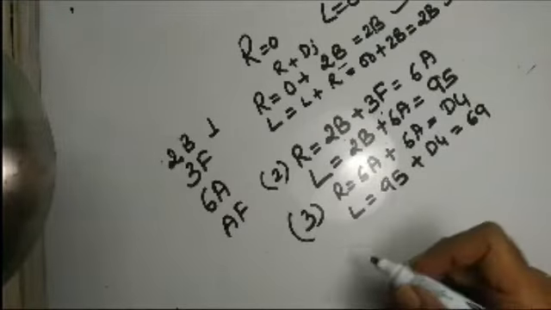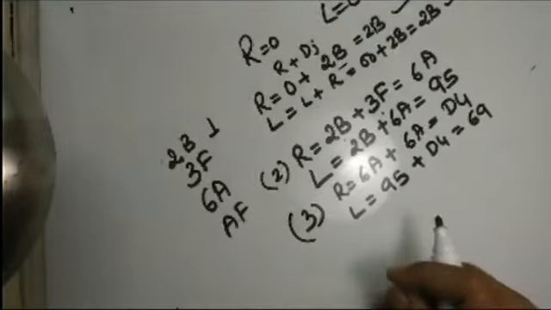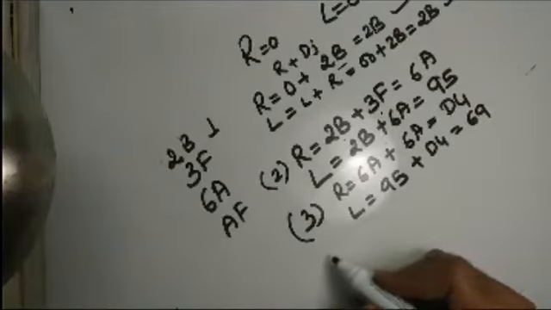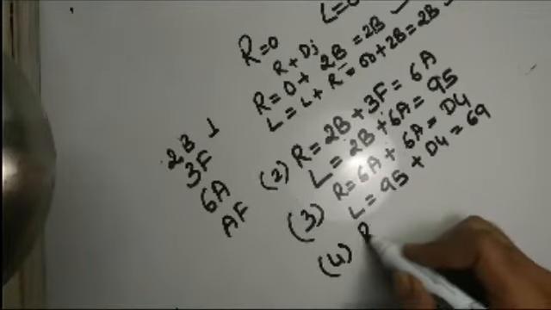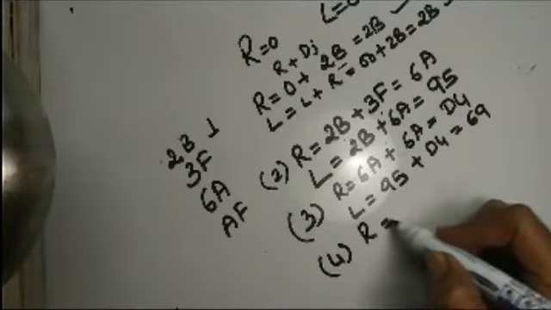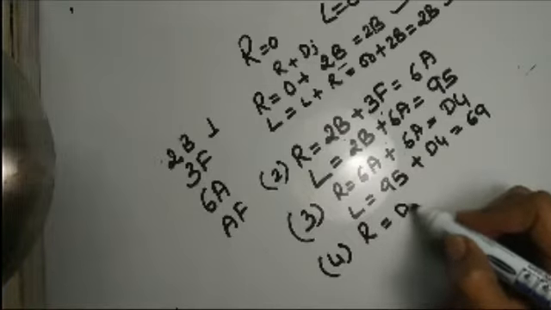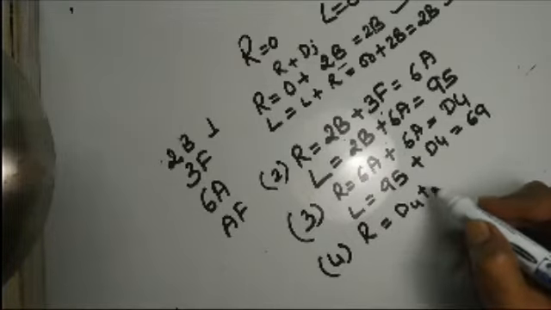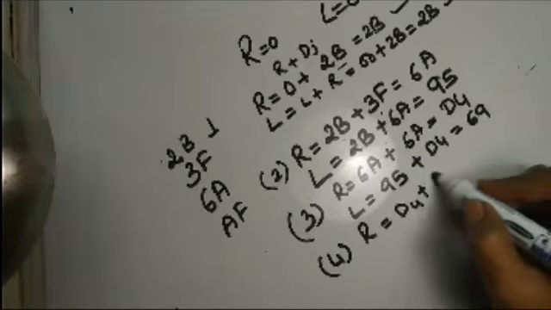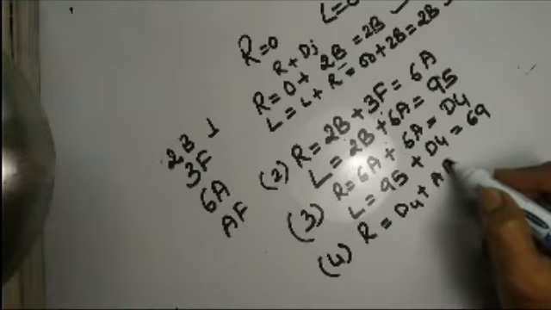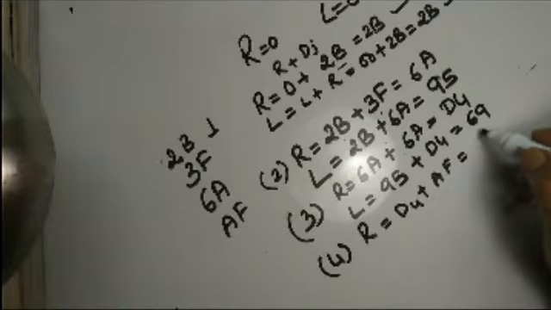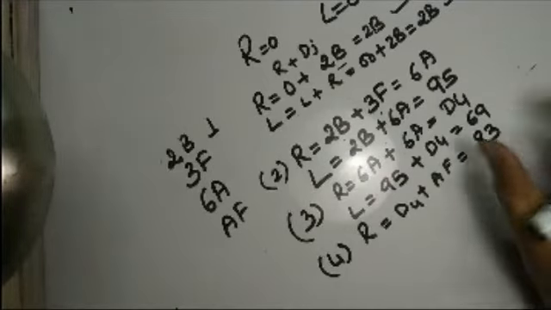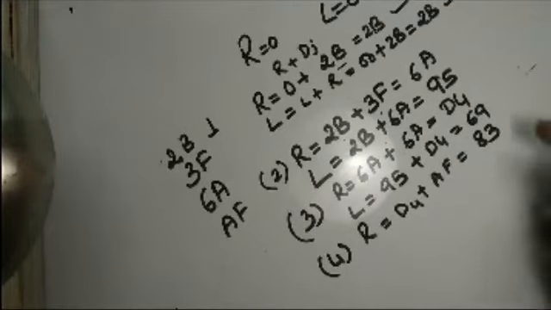Fine. So next, the fourth iteration. R value is equal to D4 plus the new word AF. These two give me 83 after performing a mod operation on them. I hope it is clear.